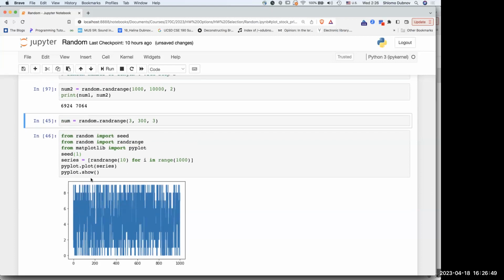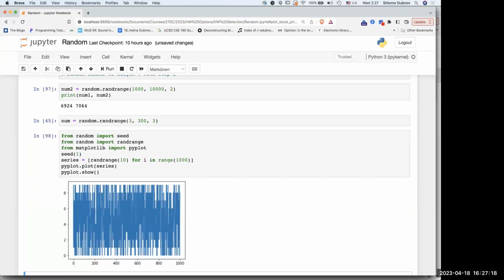We can actually create now a sequence of these events. So what we do is we take some index in range 1,000, which means we'll have from 0 to 999 events, and for every event here we'll sample a random number in range 10, so it's 0 to 9, and we'll create a sequence.